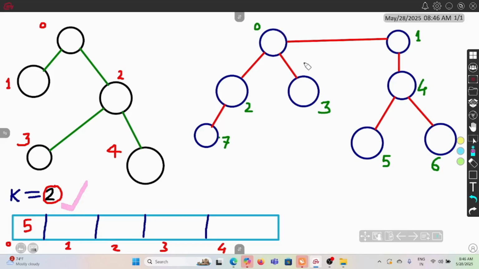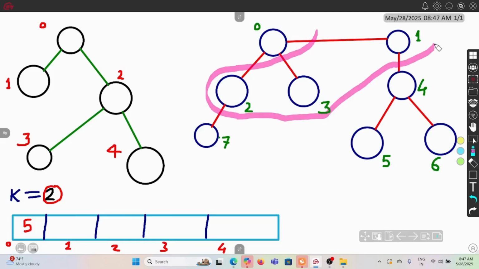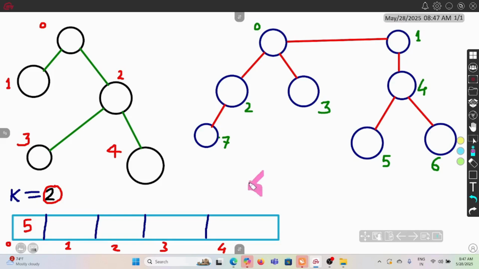With k equal to 2, from here we have to find all those nodes at a maximum distance up to k minus 1, which is 1 in our case. So now k would be 1 here, right? K equal to k minus 1 for the second graph.